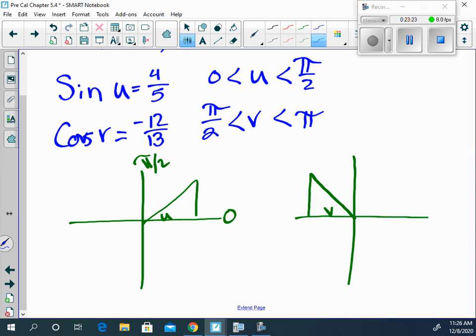Now for sine, opposite over hypotenuse, and the other side would be 3, because it's a 3, 4, 5 right triangle. Cosine is adjacent over hypotenuse.